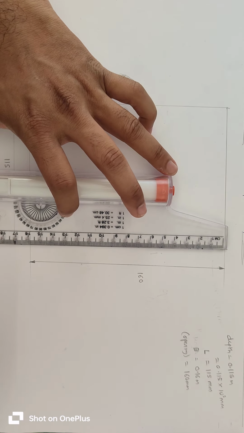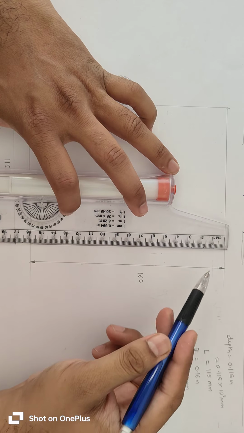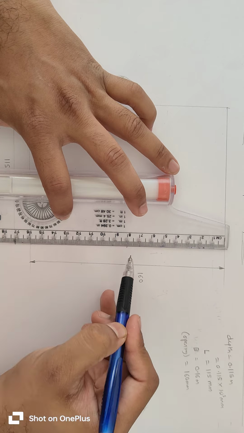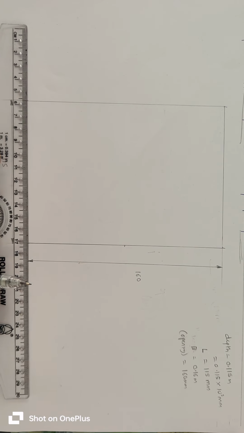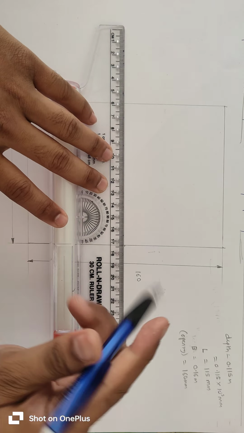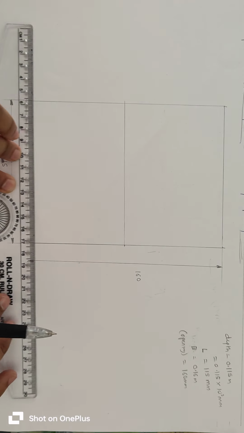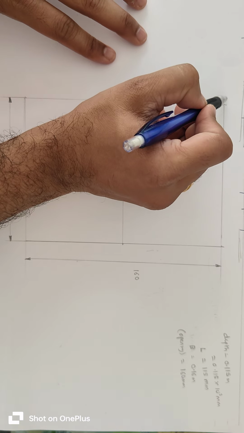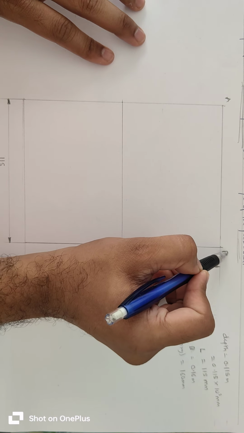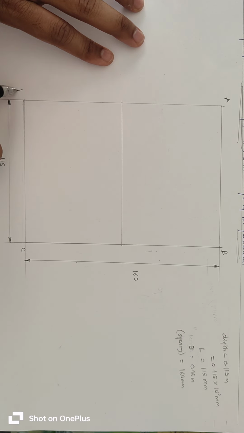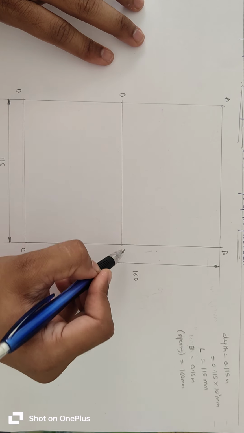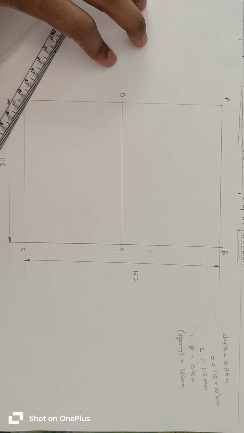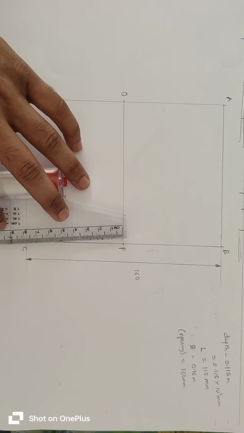Now take the midpoint of this length. Here this is the height, so take the midpoint of 160. It is at 8. Draw a vertical line, draw this horizontal line, then mark the rectangle as ABCD, this point as O, and this point as P. Then divide this length.